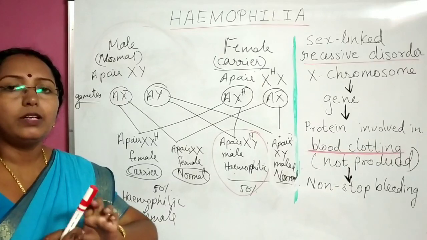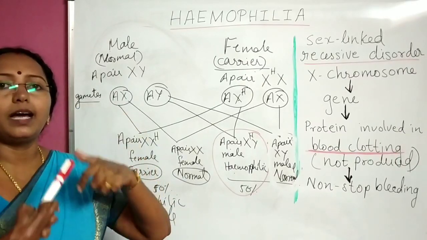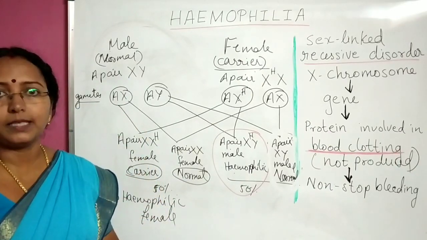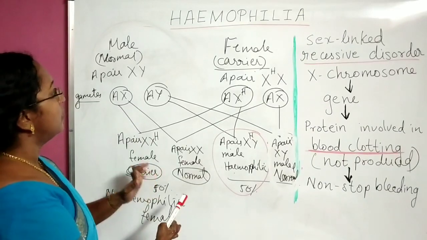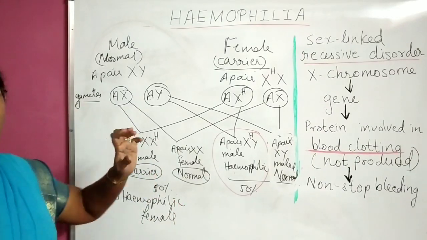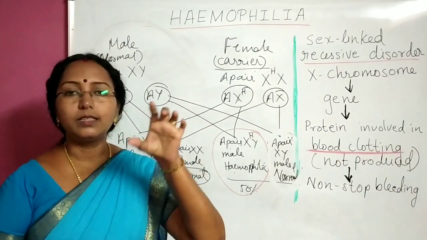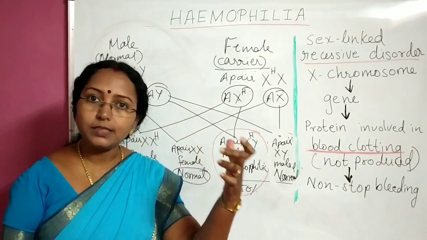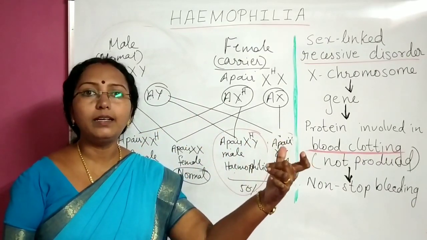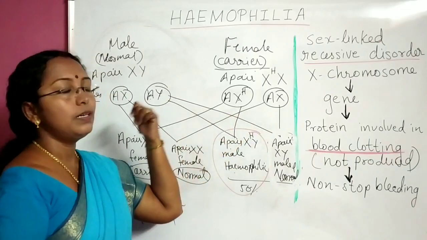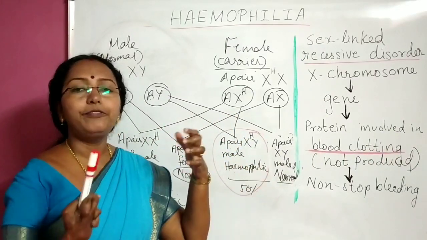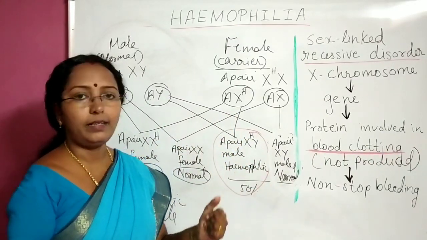Carrier means it will not get the disease actually, but it is carrying the defective X chromosome. So this is it. So first case we have learned, male is affected and female is carrier. Second case we have learned, male is unaffected and female is carrier.